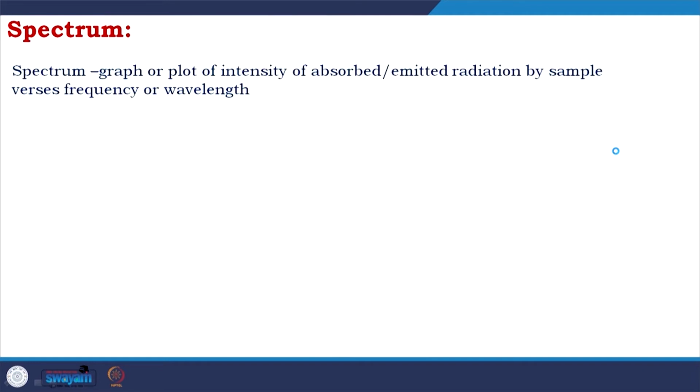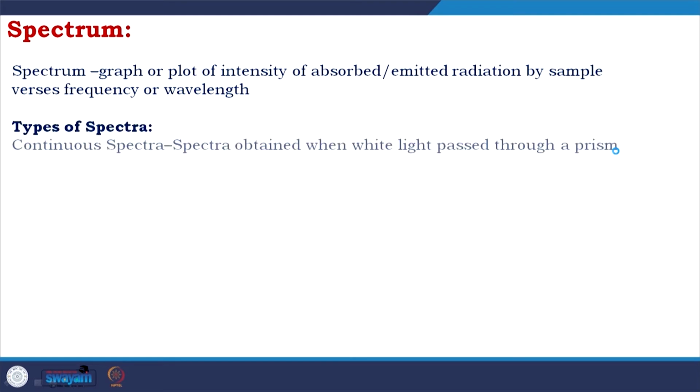Coming to spectrum, a spectrum is a graph or plot of intensity of absorbed or emitted radiation by a sample versus frequency or wavelength.